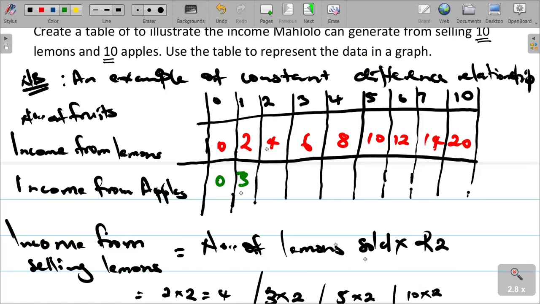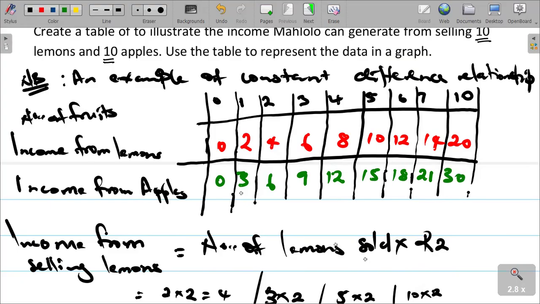If 2 are sold, times 3 is 6. 3 are sold, times 3 is 9. 4 is 12. 5 is 15. 6 is 18. 7 is 21. And then 10 is 30.